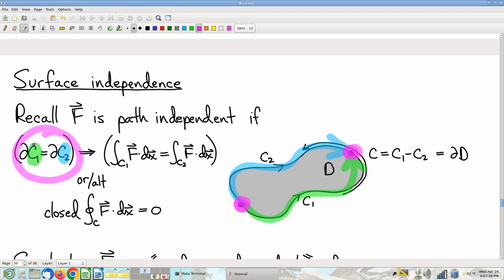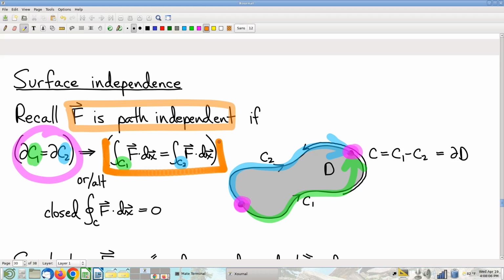In this scenario, I could compute the line integral on C1. I could also compute the line integral on C2. Now notice I haven't said much at all about these two curves. The only requirement on these two curves is that they have the same boundary. That's it. And there are vector fields that are so special that we can say, without even knowing more information about the curves, that those line integrals always have to be equal.